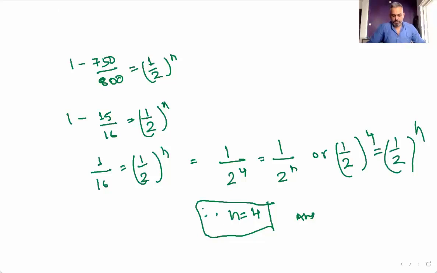Illustration number 23. Come to illustration number 23.